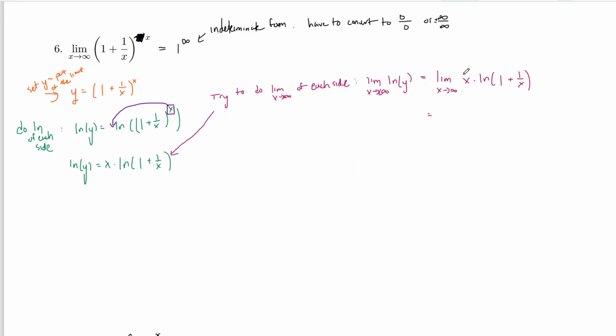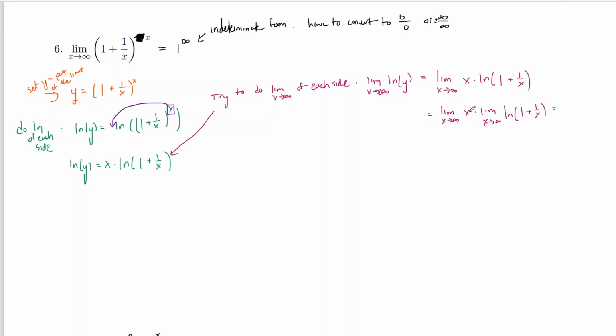Well, the thing about this is it's a product, so we can do the limit of each part. So this is the limit as x goes to infinity of x times the limit as x goes to infinity of, oh, sorry, forgot to write the natural log, the natural log of 1 plus 1 over x. Well, the first part is infinity.